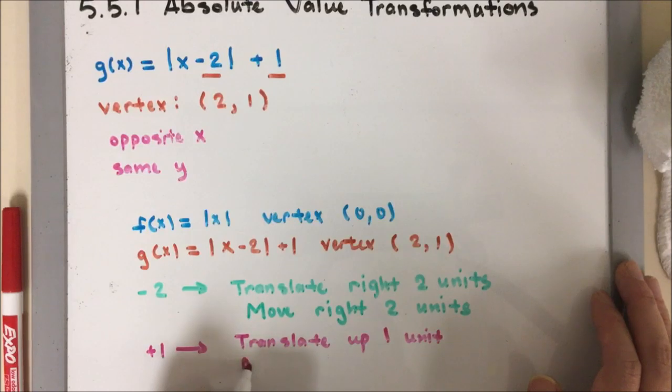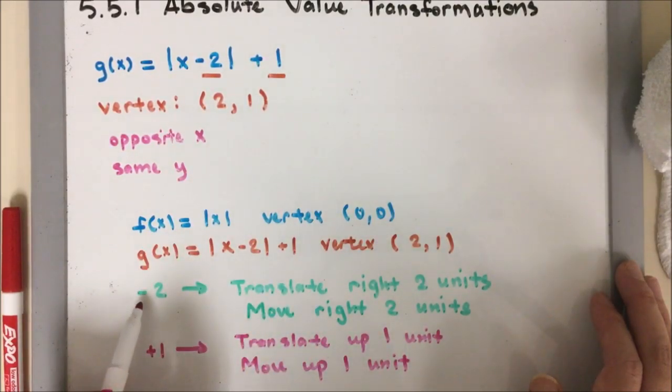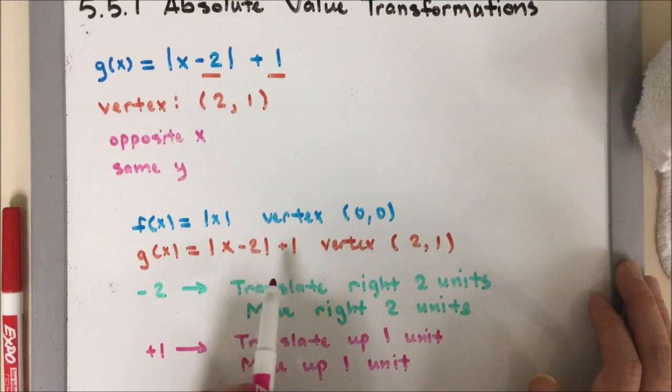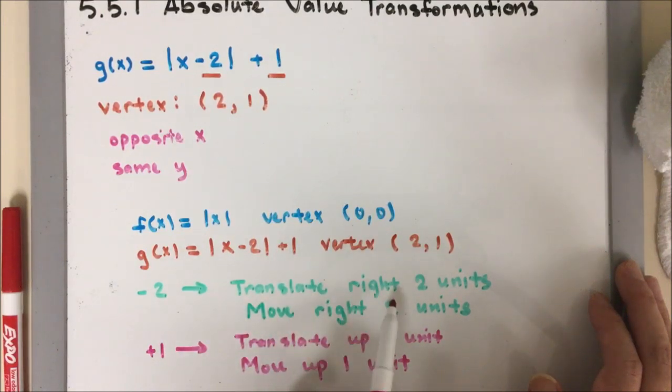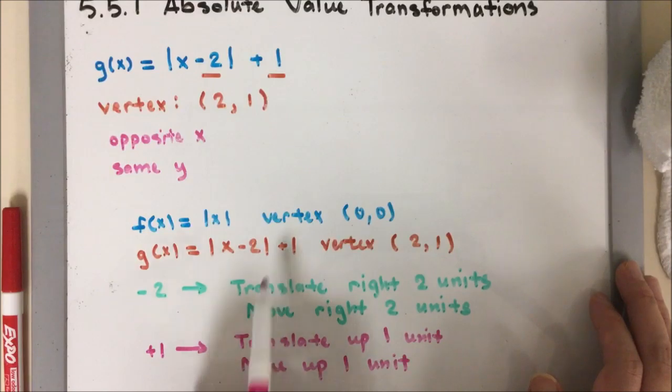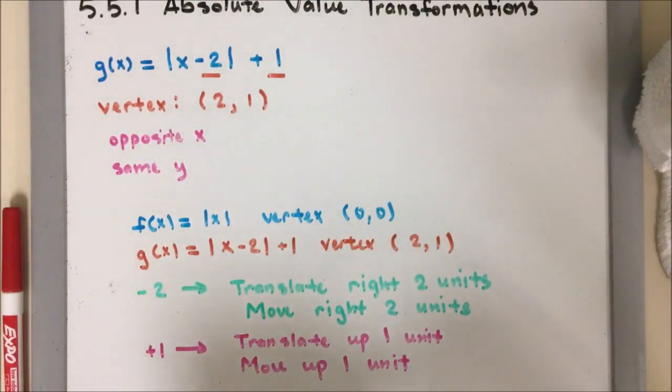You could also say move up 1 unit. So if it was minus 2 inside the absolute value line, then it will move right or translate right 2 units. If it was plus 1 behind the absolute value, then it would translate up 1 unit or move up 1 unit. So make sure you have that in your notes and make sure you memorize the rules and the process.